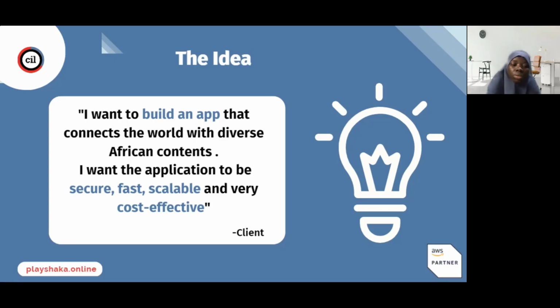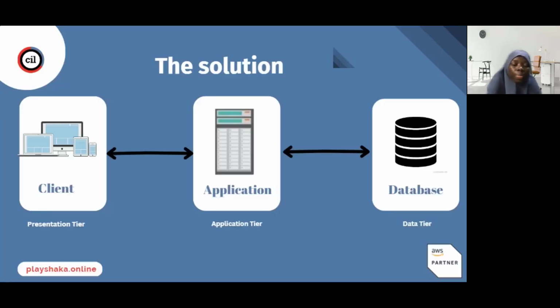We as the Secure Intelligence team gathered together and asked, how can we build this application? How can we build on this idea? How can we make it come to reality? Then we realized that it's best for the application to be a multi-tier application, whereby we'll have the presentation tier, the application tier, and the data tier.